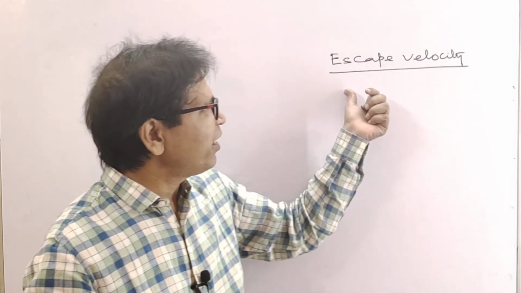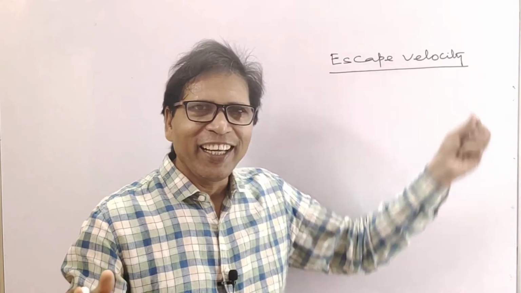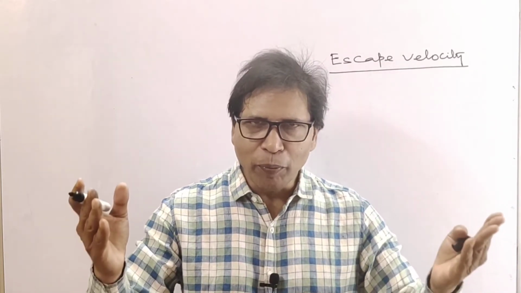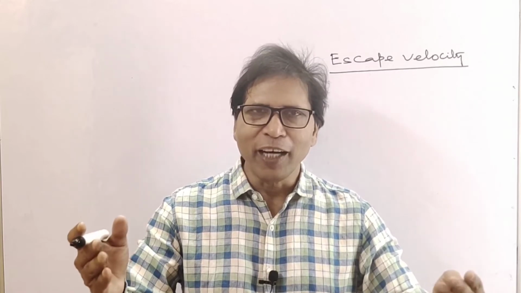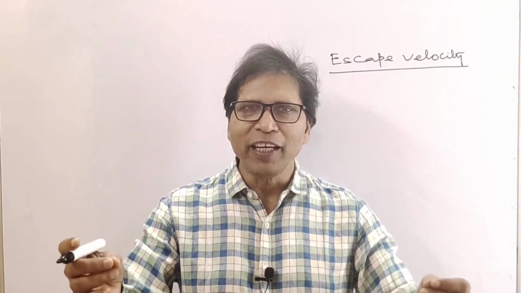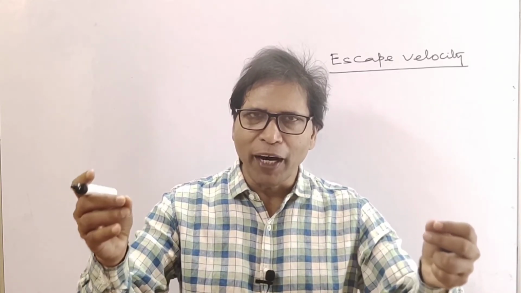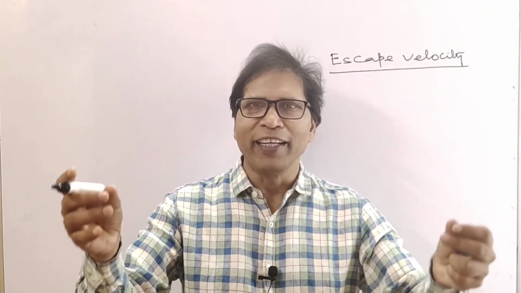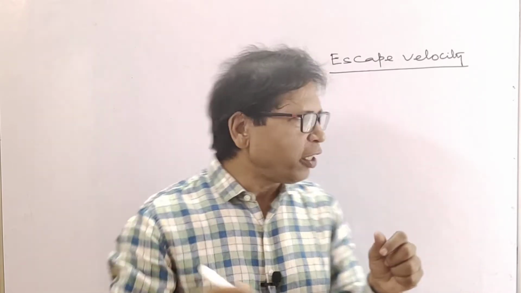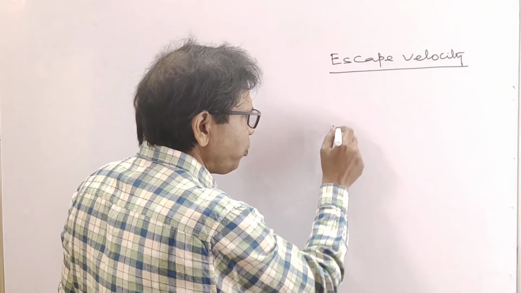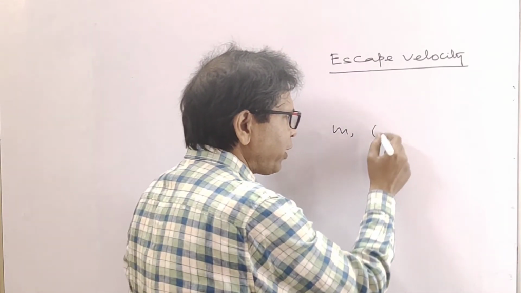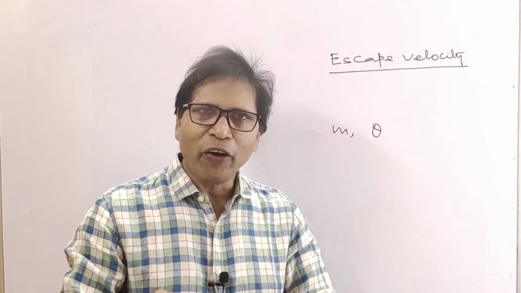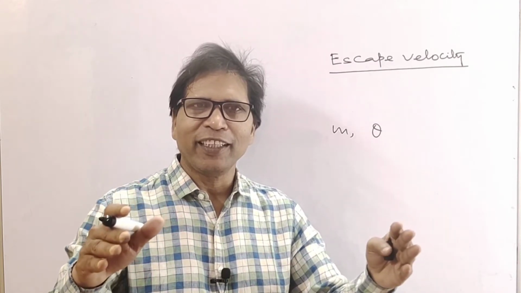Okay. Now the escape velocity: the minimum velocity of projection of a body by which the body overcomes the gravitational pull of Earth or a planet. It does not depend on the mass of the projected body, direction of projection and place where it is projected.